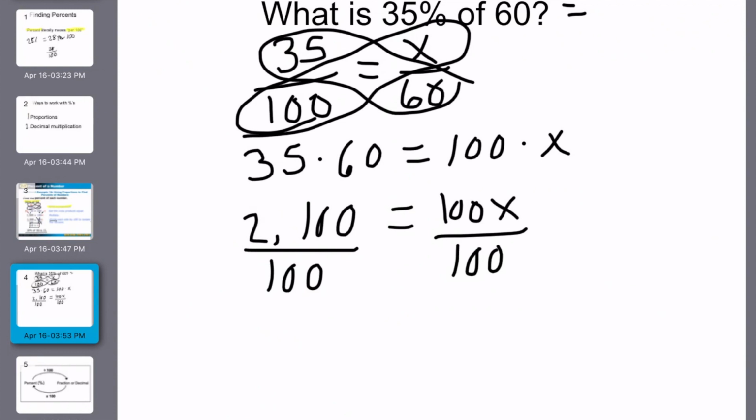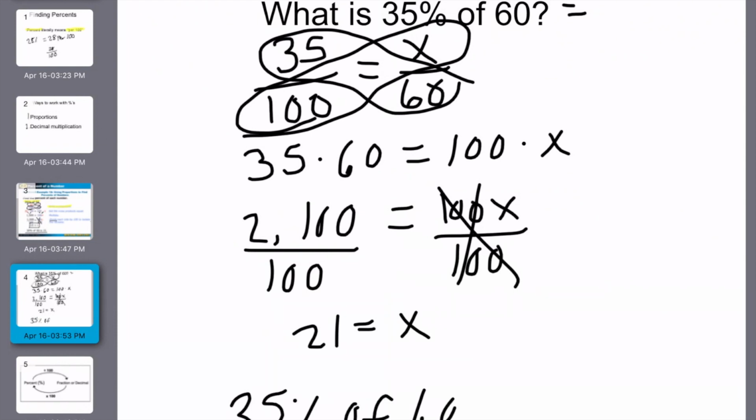Okay, so now these 100s cancel out, and 2,100 divided by 100 actually just gives me 21. So I know that 35% of 60, oops, that looks like a bad 60, of 60 is 21.